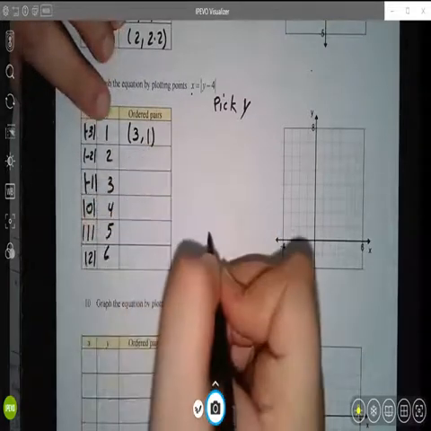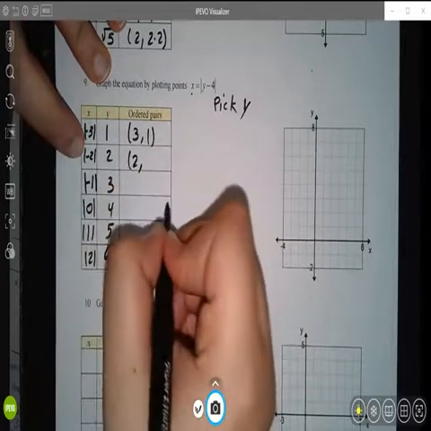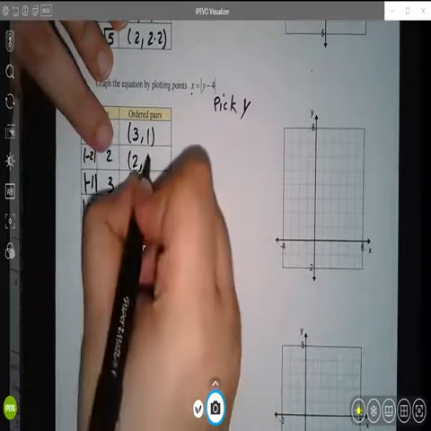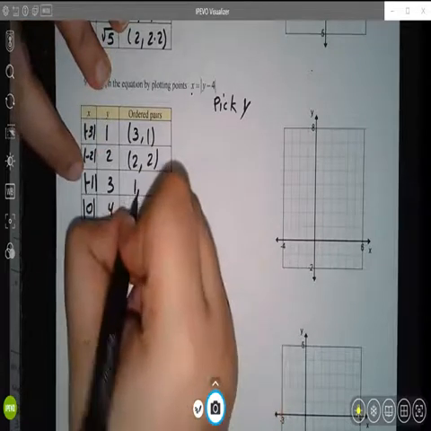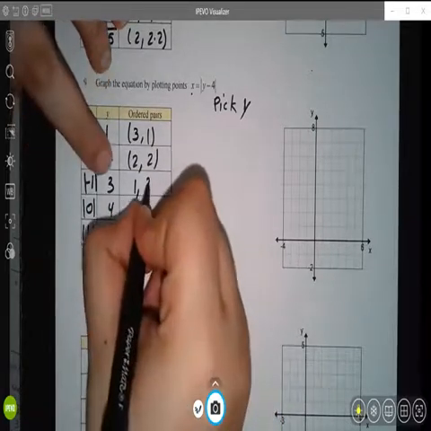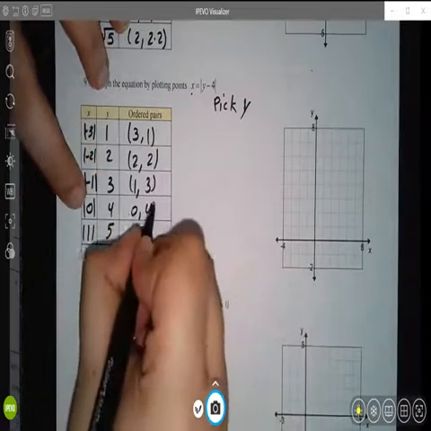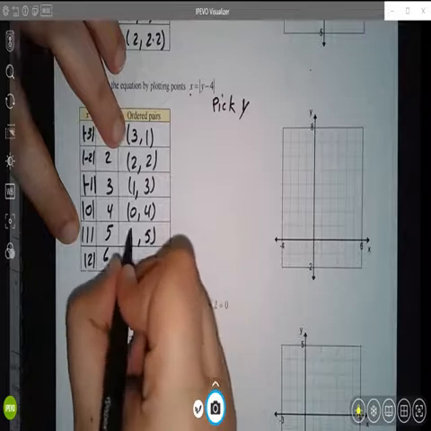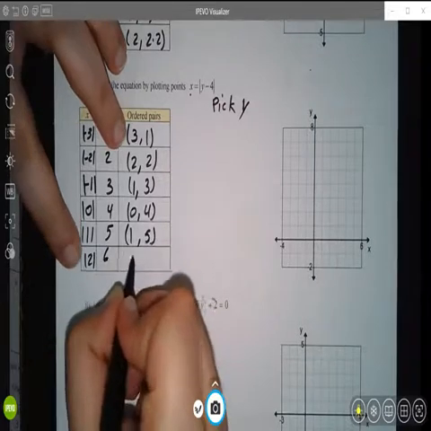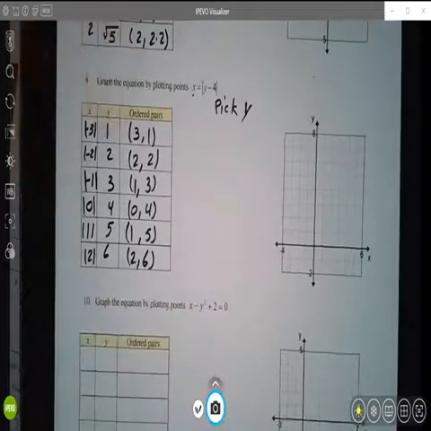And y is 1, so it's 3, 1. Negative 2 becomes positive 2. And then you write the other 2. Negative 1, get rid of the sign, and then the 3. 0 is still 0. Positive 1, still positive 1 with the 5. And 2 is still 2 with the 6. These are your points.